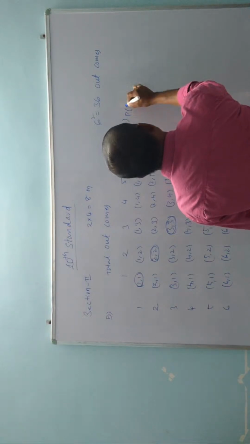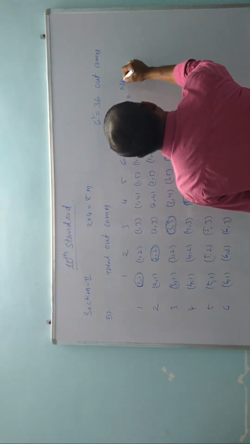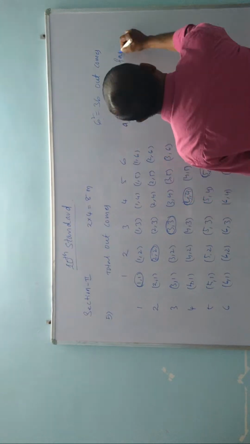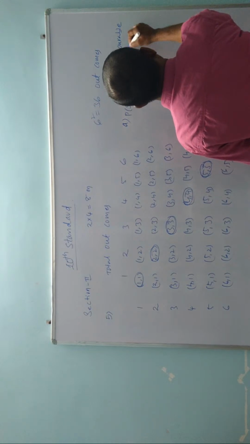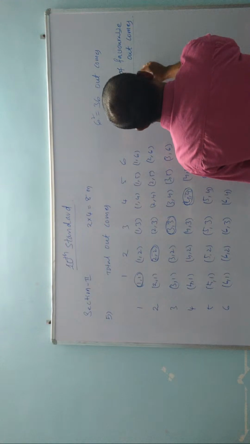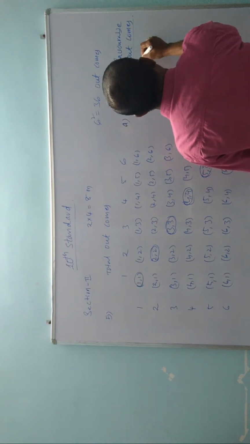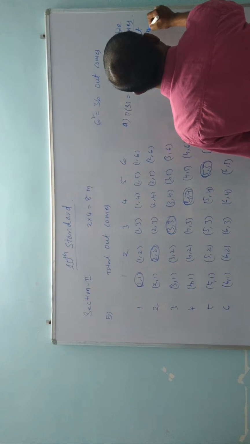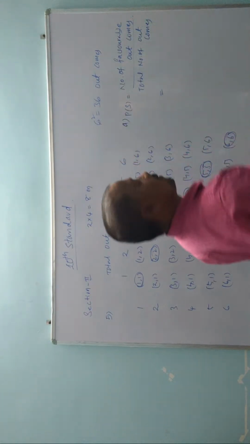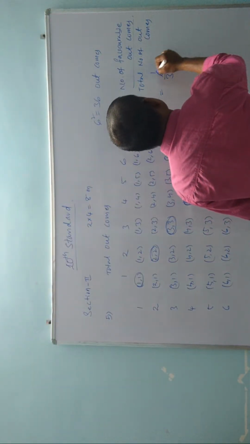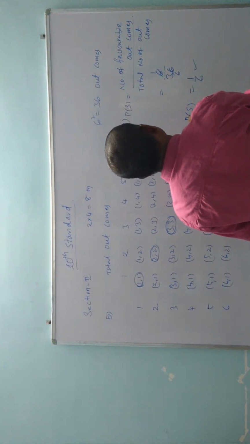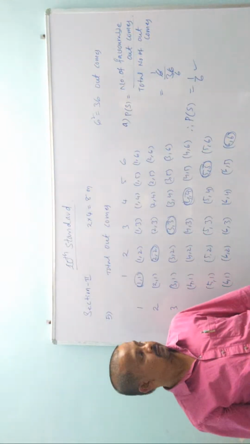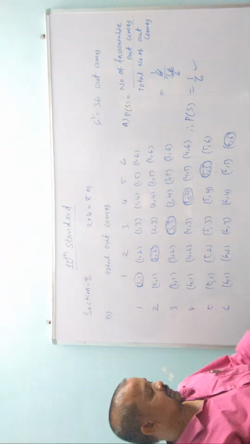Probability P of S equals number of favorable outcomes divided by total number of outcomes. Favorable outcomes total 6, by total outcomes 36. 6 ones are 6, 6 sixes are 36. So the answer is 1 by 6. Same number on 2 dice, so that probability is 1 by 6.